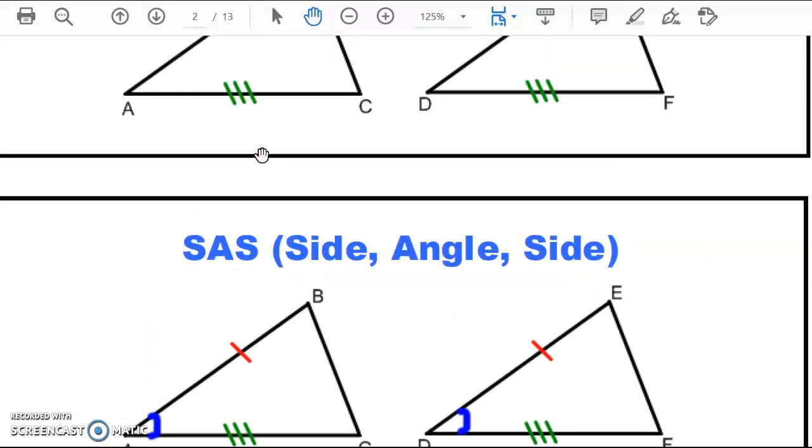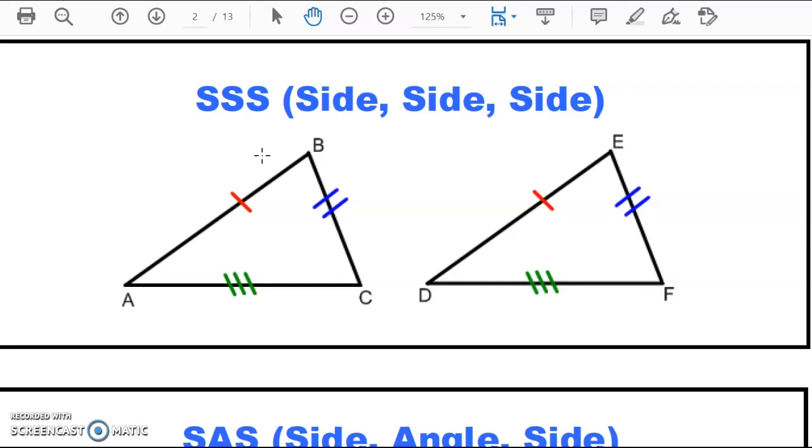Now, I want you to keep in mind, one of the things with these postulates is it's telling us that we don't really need everything to be marked up. With the SSS postulate, you notice that we didn't have any angles tick marked. The SSS postulate says you don't need angles to be marked congruent.